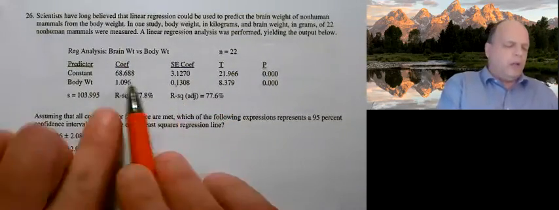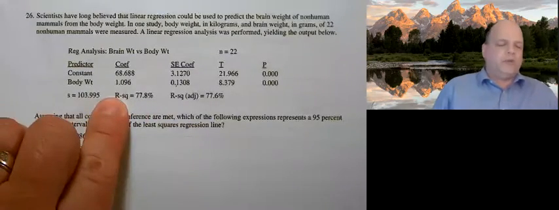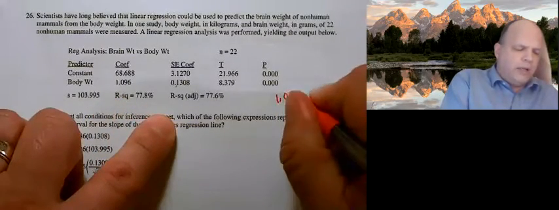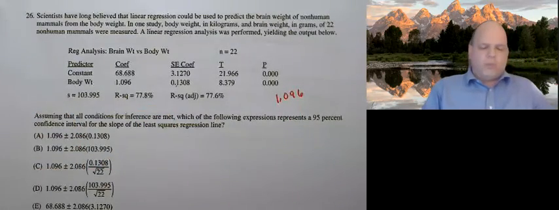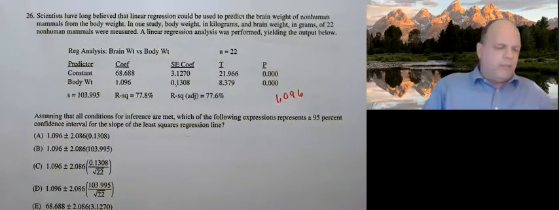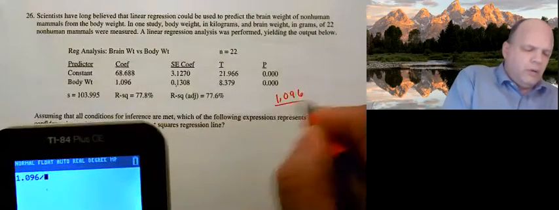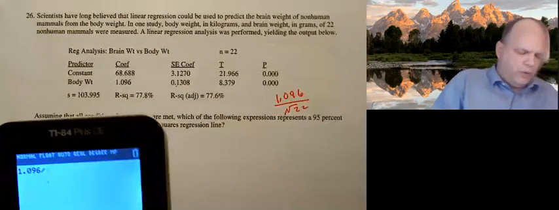And by the way, I want to talk to you about where that standard error comes from. Just as a reminder, this is going to be 1.096 divided by the square root of 22.